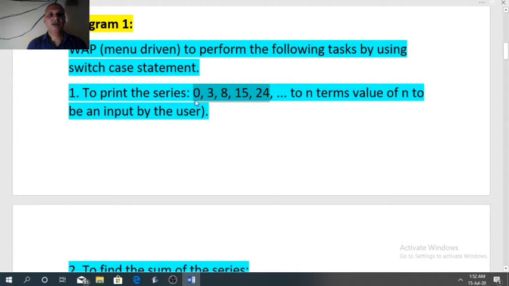When i is 1, 1 square minus 1 will become 0. When i is 2, 2 square minus 1, that is 4 minus 1, will become 3. When i is 3, 3 square minus 1, that is 9 minus 1, is 8. When i is 4, 4 square minus 1 is 15. When i is 5, 5 square minus 1 is 24.